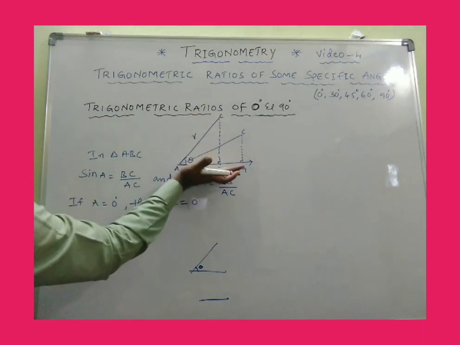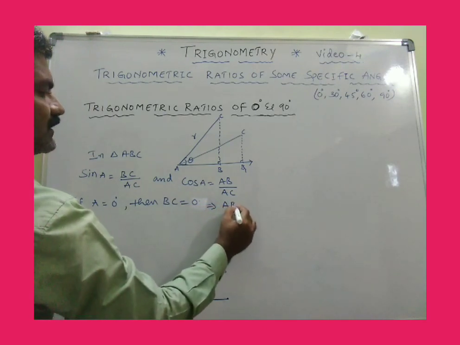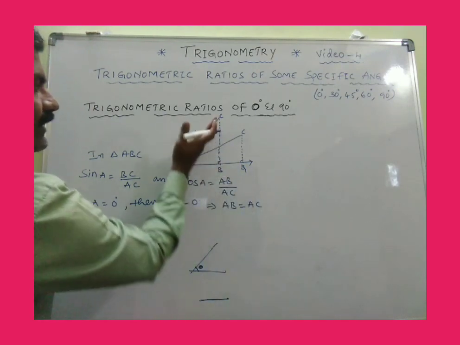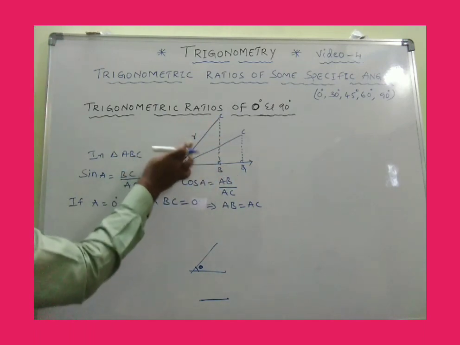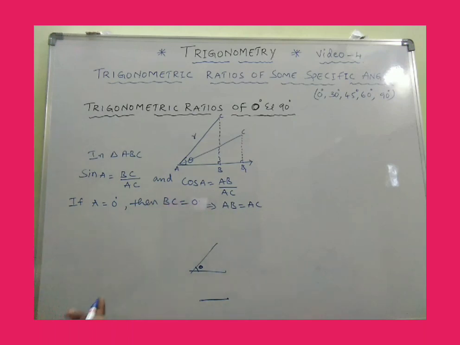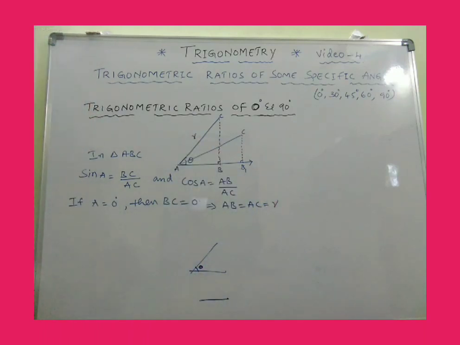AC is falling on AB, no? That implies AB is equal to AC. When it coincides with AB, both are of equal length, then only it is possible. And already we mentioned that AC is equal to R units length.